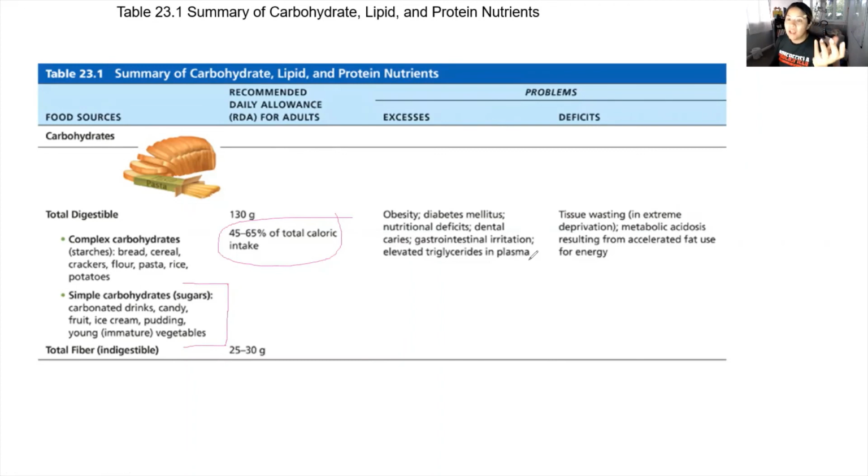And even if they're a disaccharide, it doesn't take much to break them down into a monosaccharide. So a lot of times, if you are put on a diet by a physician or a trainer or whatever, they will tell you to limit your simple carbohydrates as well as your complex carbohydrates as well. But you do need carbs. Okay, you do need carbs. But you'll get more out of complex carbohydrates than you will simple carbohydrates.